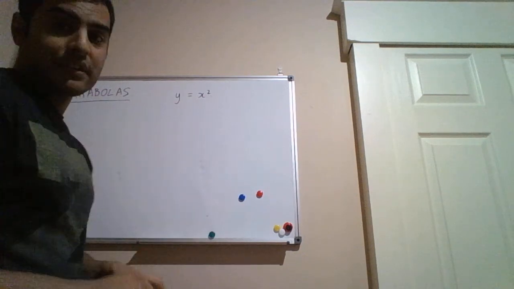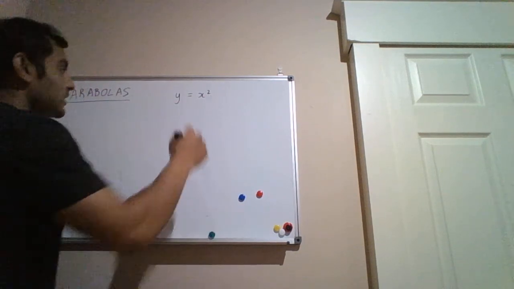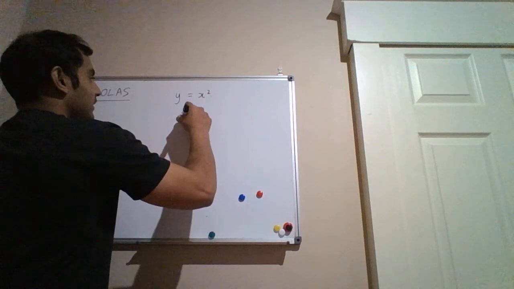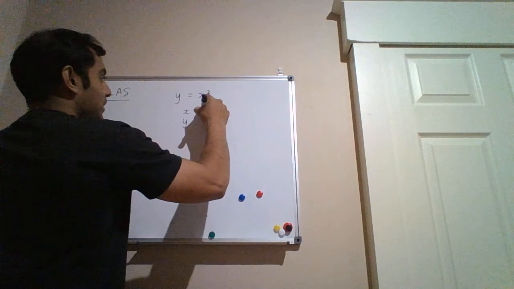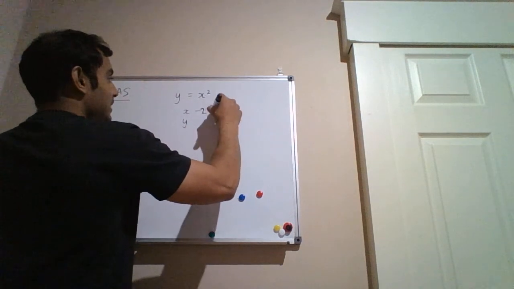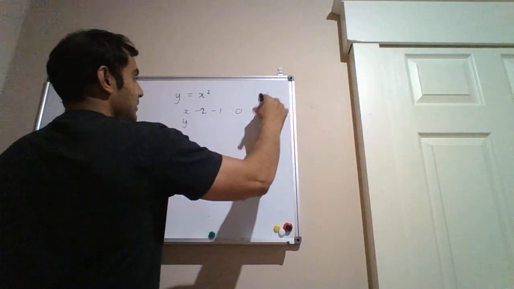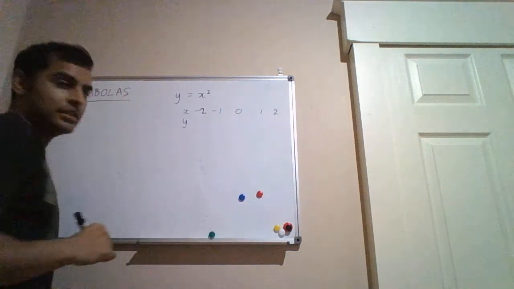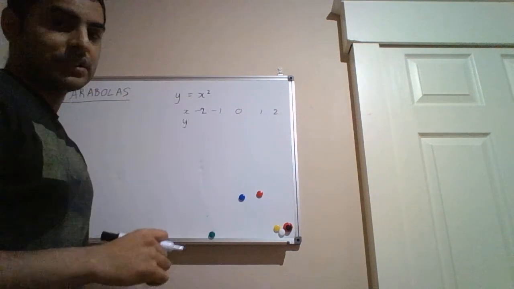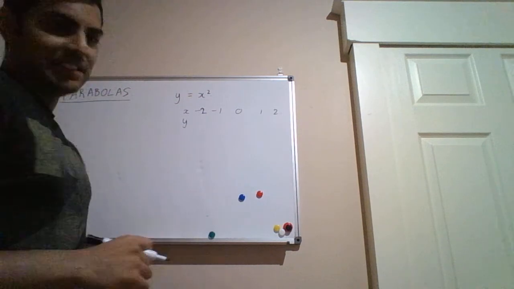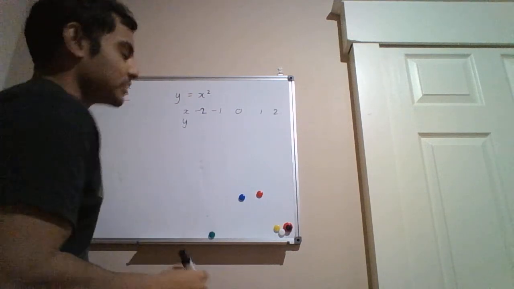So I just want to get a few points and graph it. The x values I'm going to choose are minus 2, minus 1, 0, 1, and 2. When we put these values as inputs into the equation, it tells us that y equals x squared.